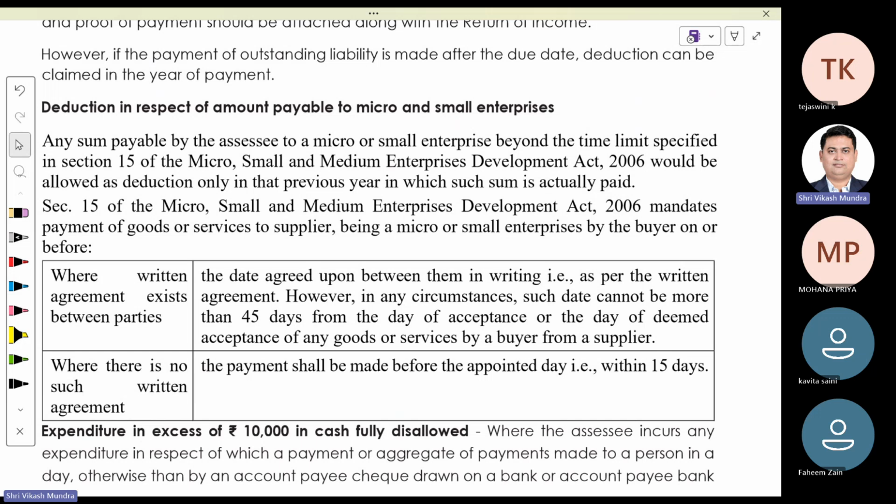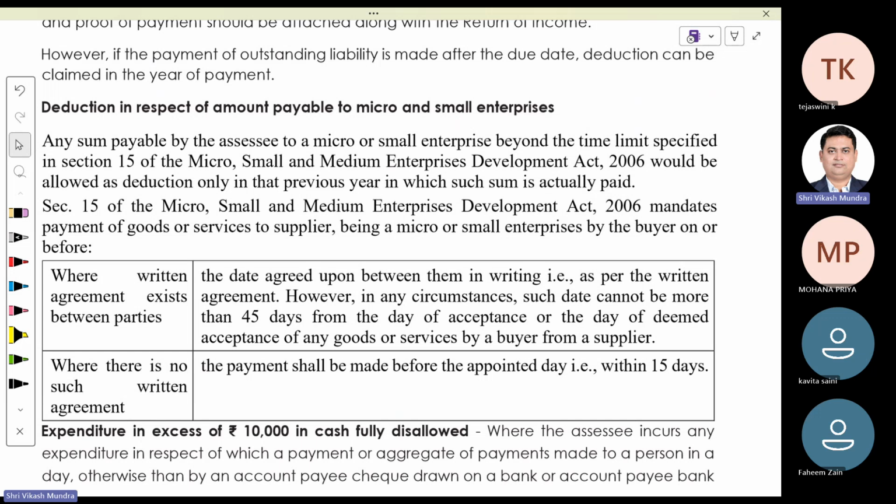If you agreed that payment should be made within 40 days, you are required to make the payment to the micro or small enterprise within 40 days. However, if the agreement suggests that payment should be made within 90 days or 60 days, this type of agreement is not acceptable. The maximum number of days for credit is 45 days. If it goes beyond this number of days, then that is not acceptable.